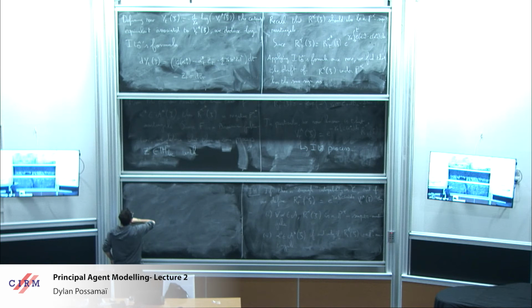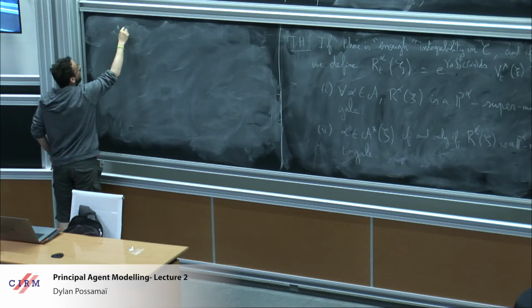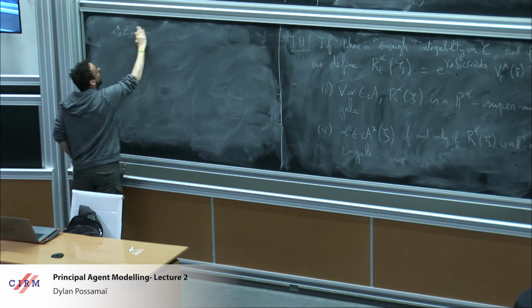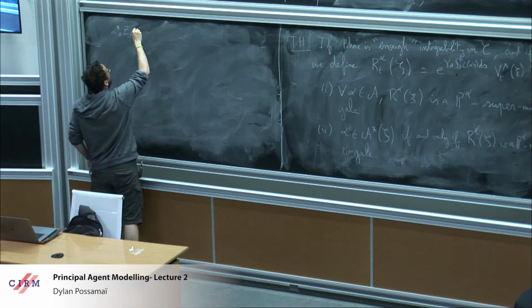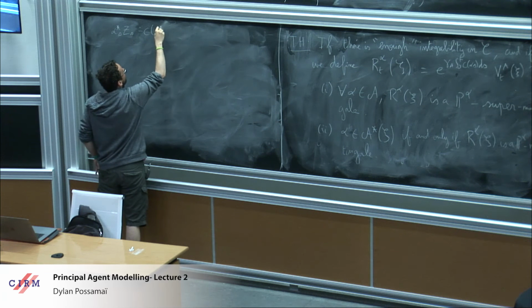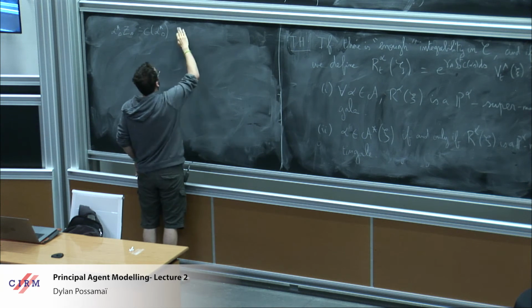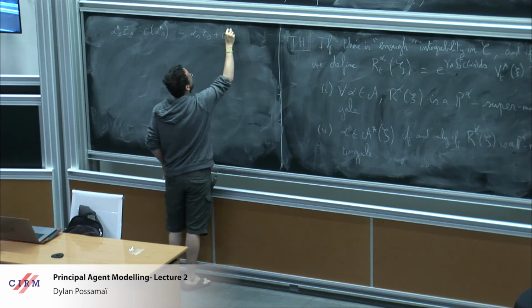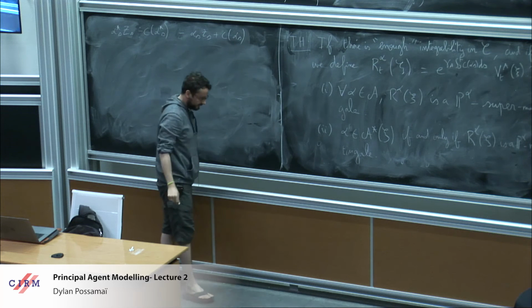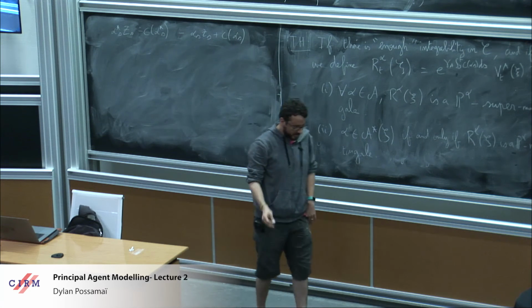So it's going to have the same sign as the following quantity, alpha star z minus C of alpha star plus minus alpha z plus C of alpha, up to the sign.